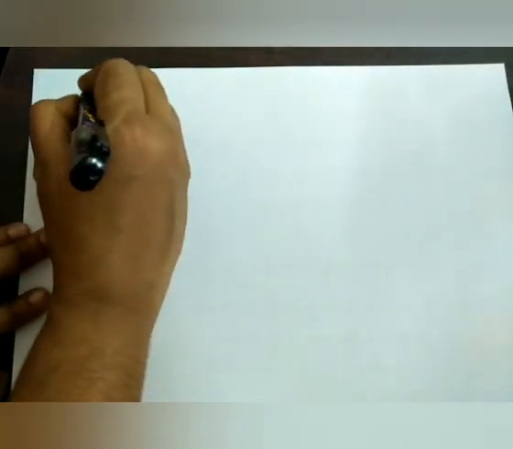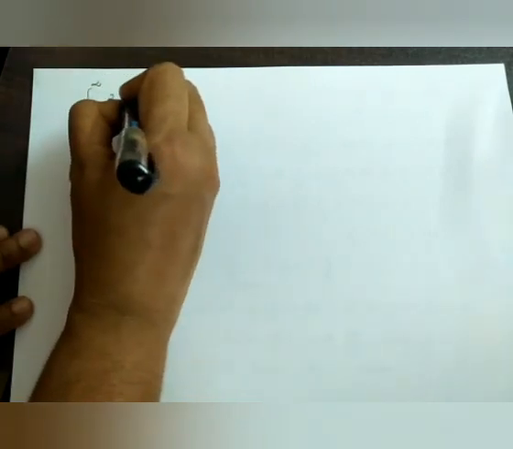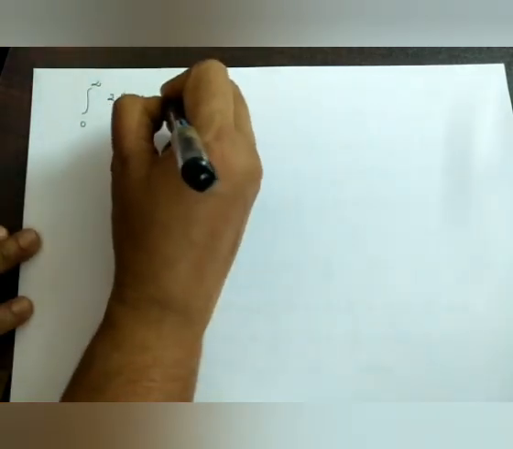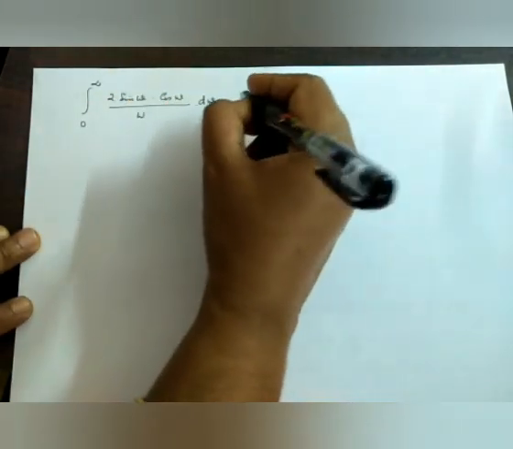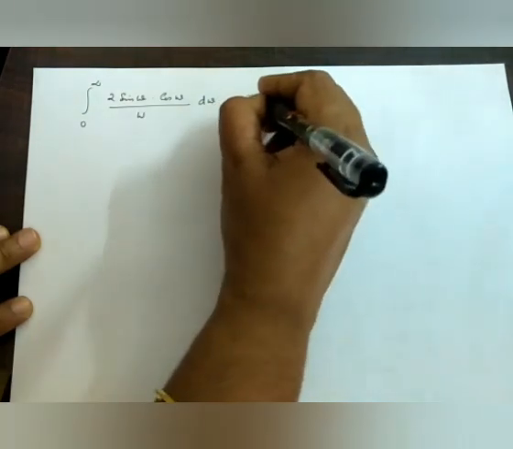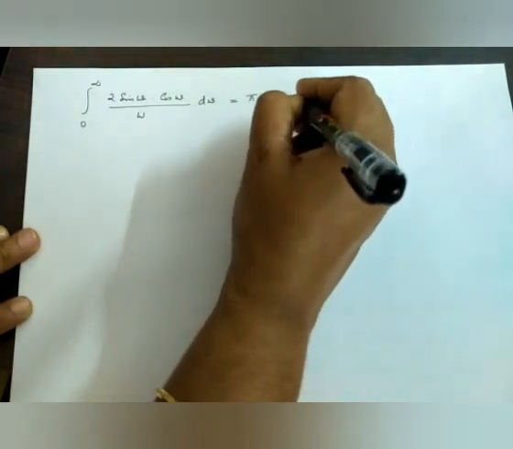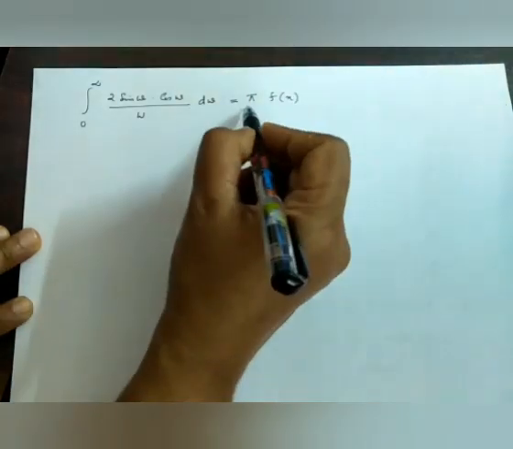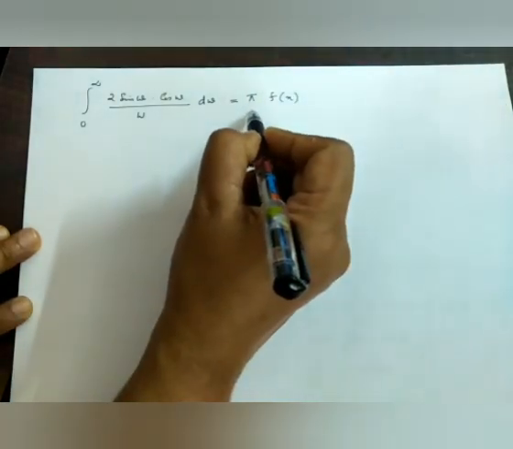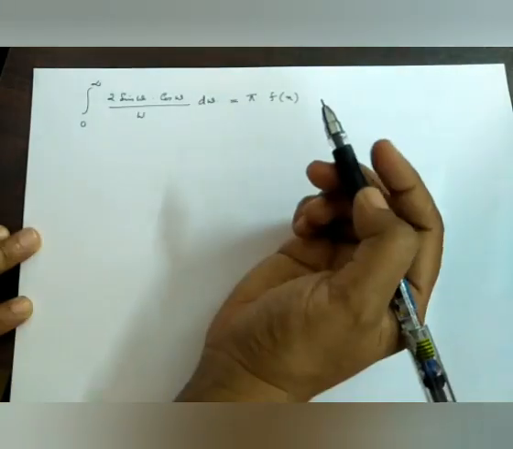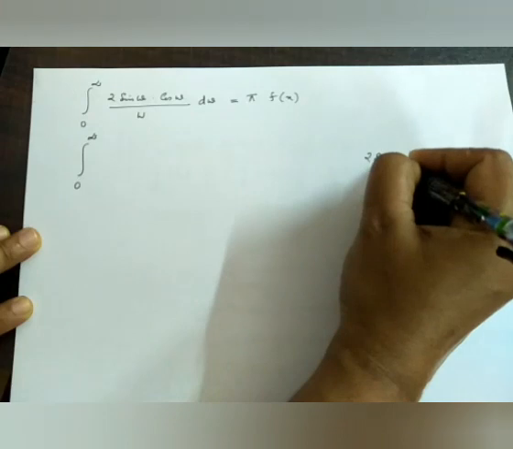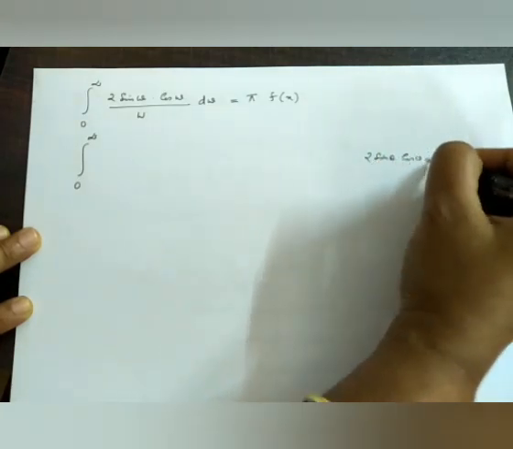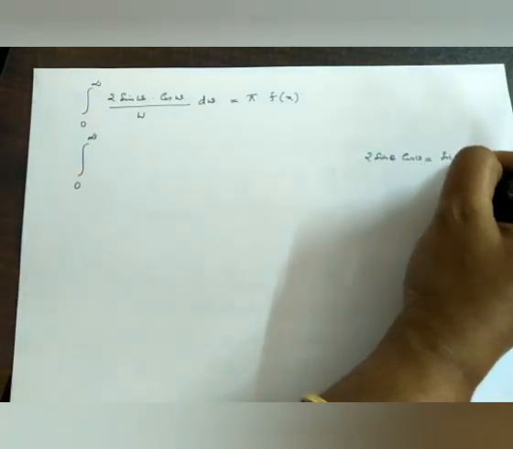Now, in the integral from 0 to infinity, we can take 2 sin omega cos omega by omega d omega, which is equal to pi into f of x, isn't it? I have taken the denominator to the numerator, so that we'll get 2 sin theta cos theta as sin 2 theta.